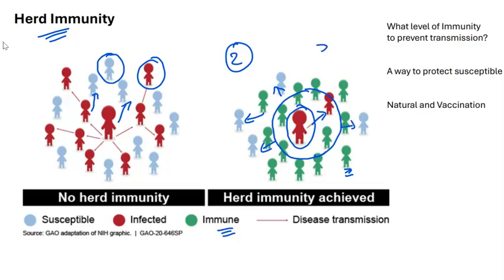Now, the question might then be, what percentage of the population needs to be immunized in order to create this herd immunity? And that depends very much on the nature of the disease, on the virulence of the disease, how serious the disease is, how easily it's transmitted from one person to another, and the mechanism of transmission as well. So for instance, for some diseases such as measles, we require as high as 95% immunization in order to protect the susceptible individuals.